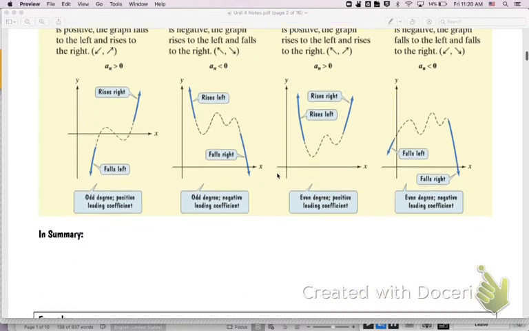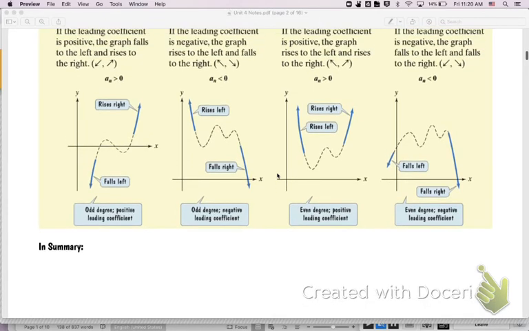So we can summarize what's in this box up here in the following way. If we think about this as a table, we want to look at the leading coefficient and decide if it's positive or negative.